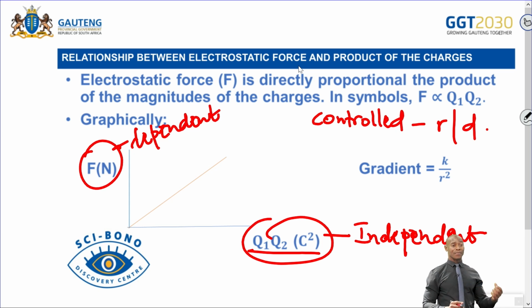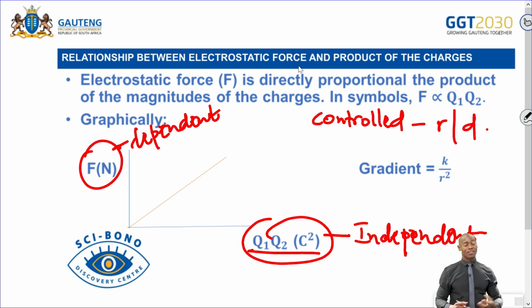And then from there, the conclusion based on the graph. Your conclusion must also show the relationship between the dependent and the independent variable. For example, in this case, as the product of the magnitude of the charges increases, the electrostatic force also increases.